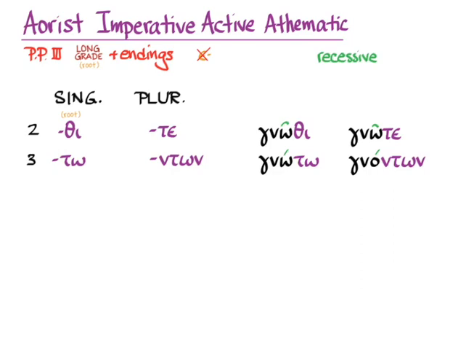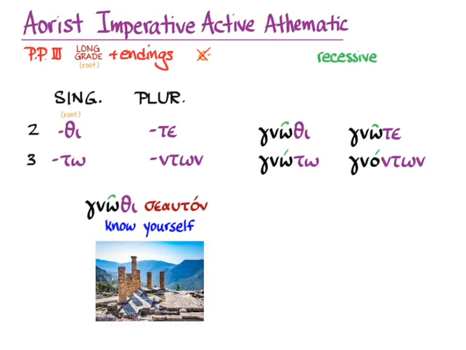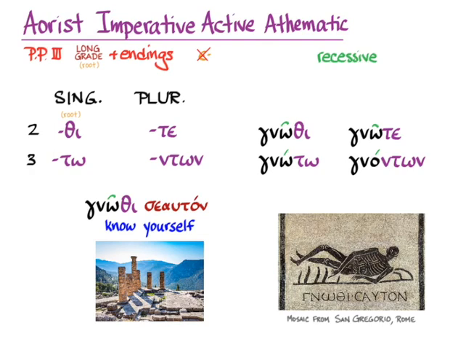Now, this is actually a pretty famous imperative. You may even have heard it before. Gnothi seauton, using our new reflexive pronouns, means know yourself. And this was said by Pausanias and other ancient sources to be inscribed over the door of the temple at Delphi, the great Apollo temple at Delphi. And you may see it in other places, and now you will recognize it.